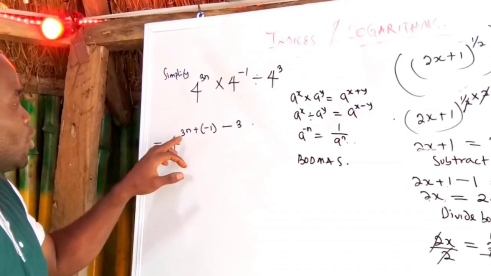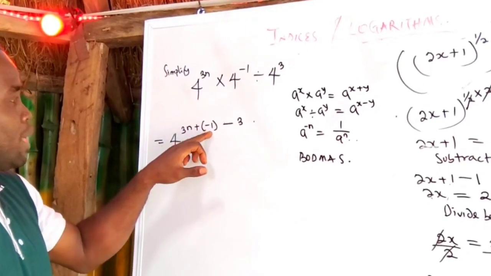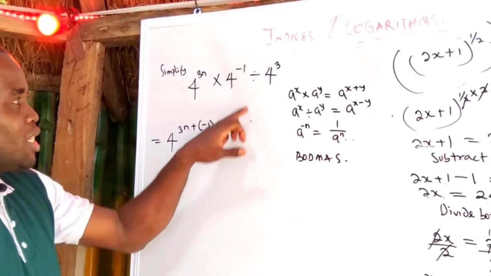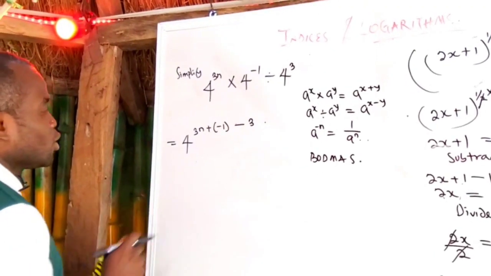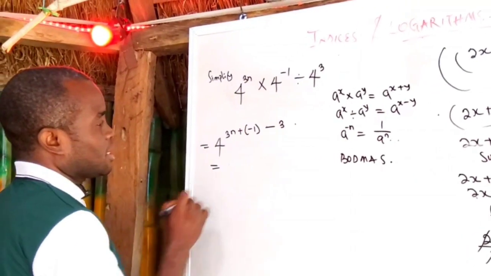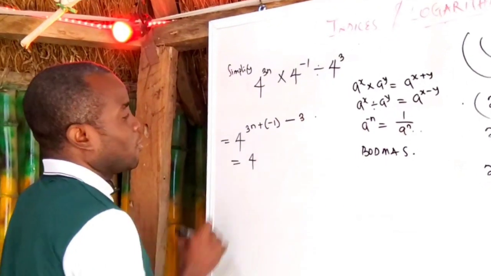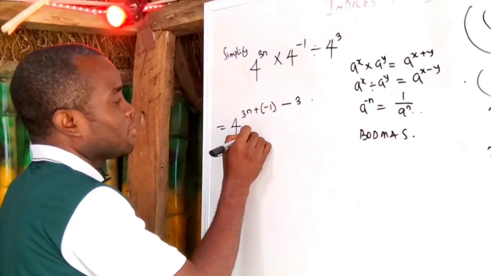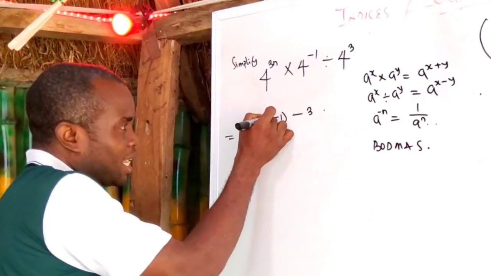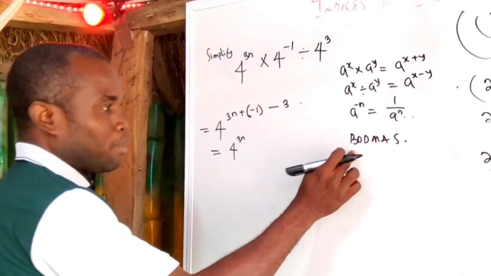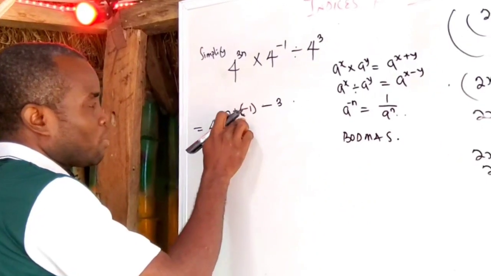So n plus minus 1 minus 3, because this is division, this is multiplication. Straightforward. So this is 4 raised to power 3n. Now remember BODMAS: plus multiplied by minus.